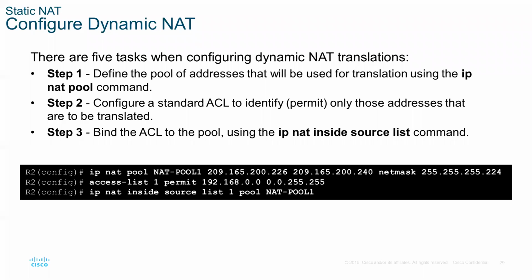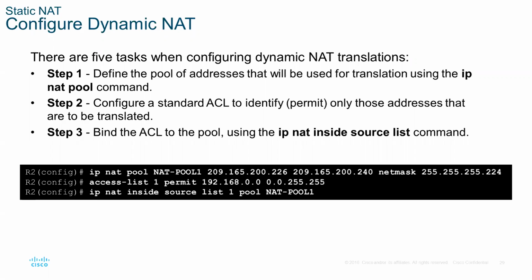You then create an access list to identify the traffic that is to be translated. So this is a simple permit for a network address to be translated to those inside global addresses. Then you set up the translation. So you're going IP NAT inside source.